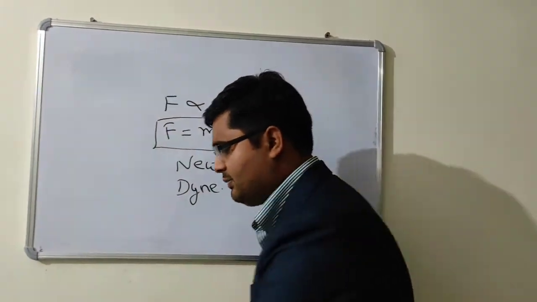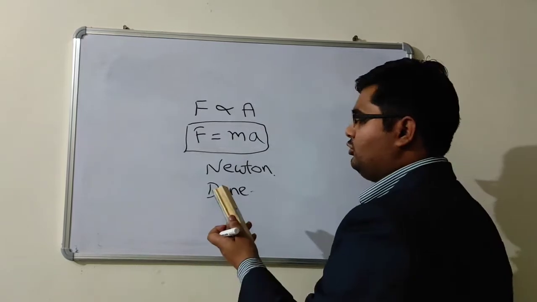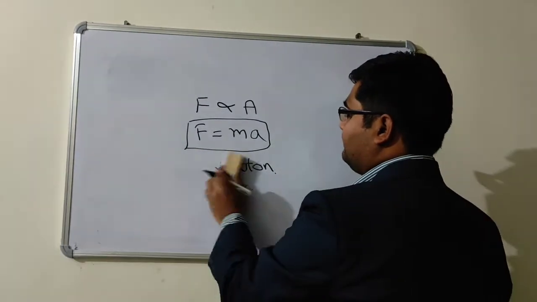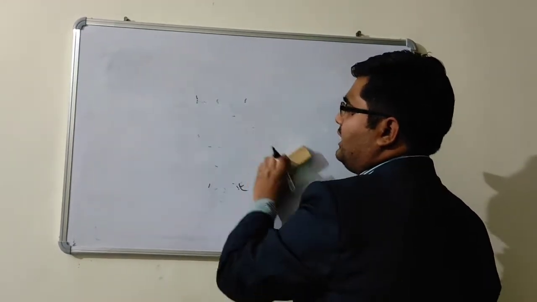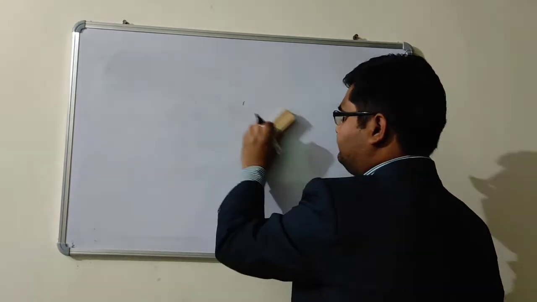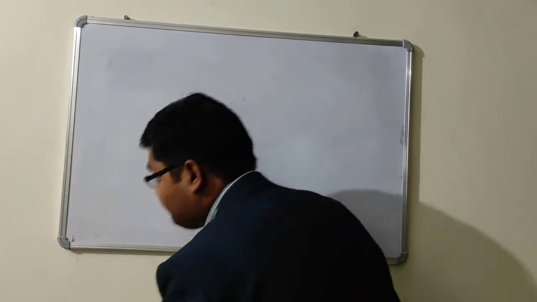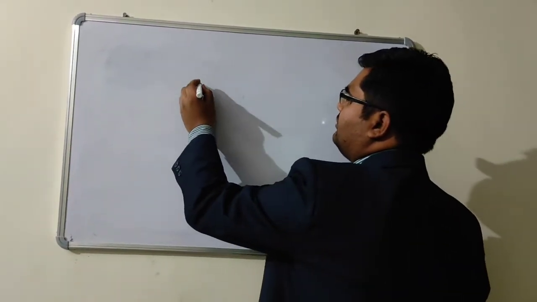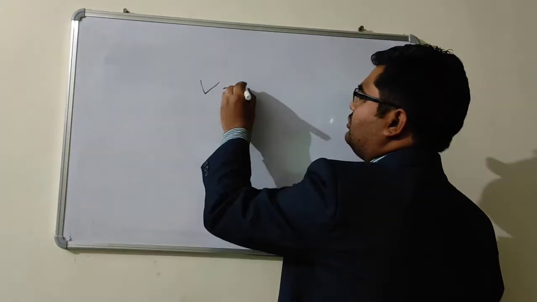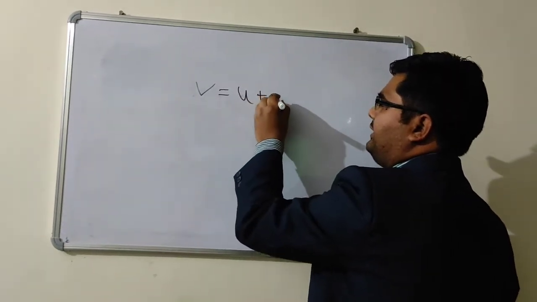Now there are 3 expressions which you will use in calculating the values that are in your syllabus. They are, first is V equals U plus AT.